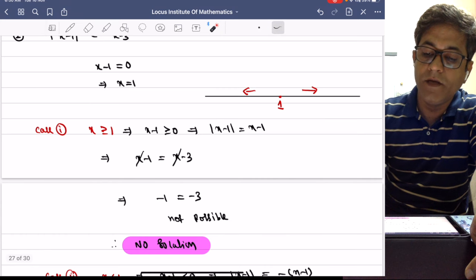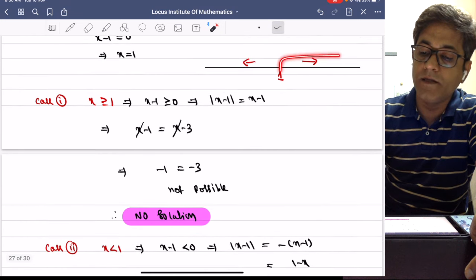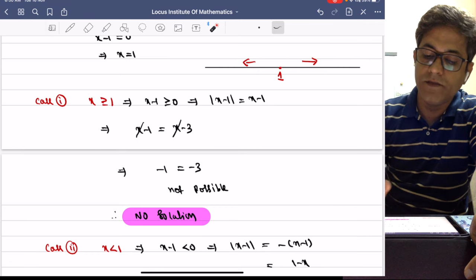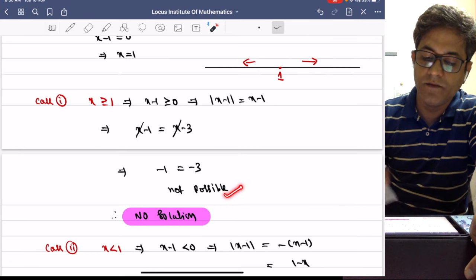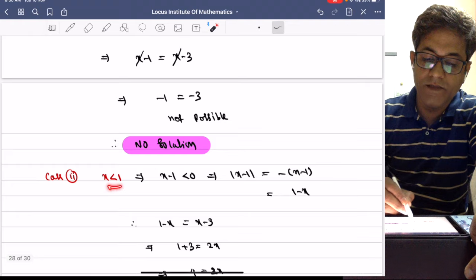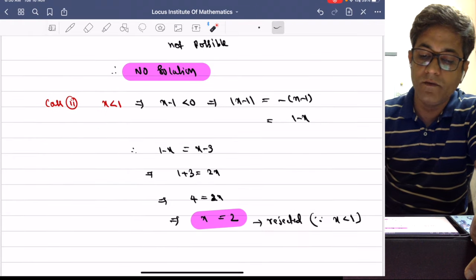So on the number line we analyzed throughout. For x greater than or equal to 1, the equation has no solution because we got minus 1 equal to minus 3, which is not possible. And for x less than 1, also no solution because we got the rejected value.